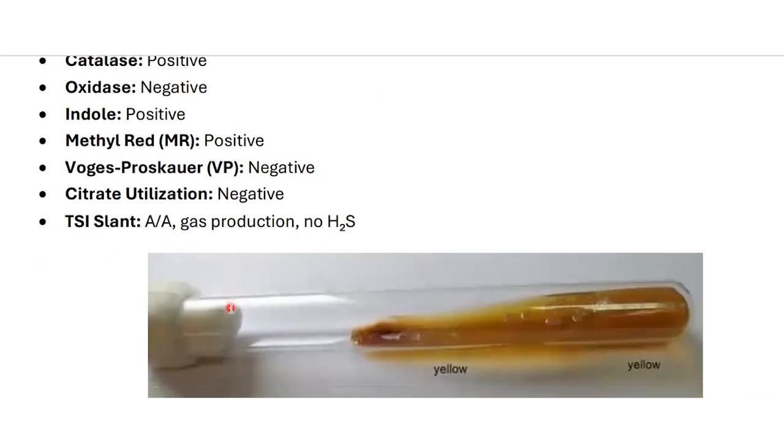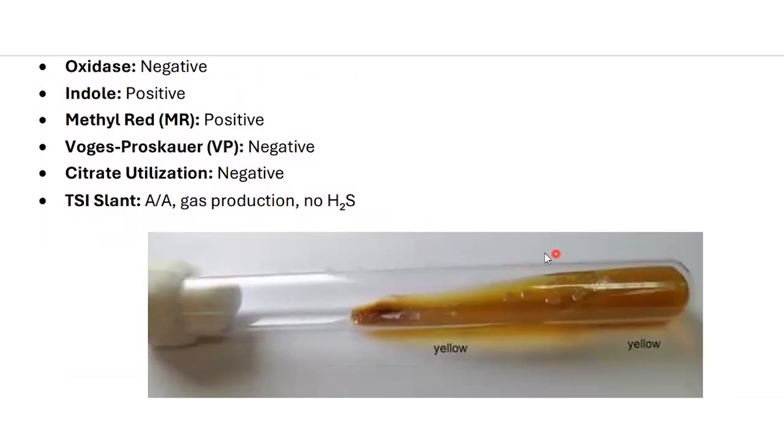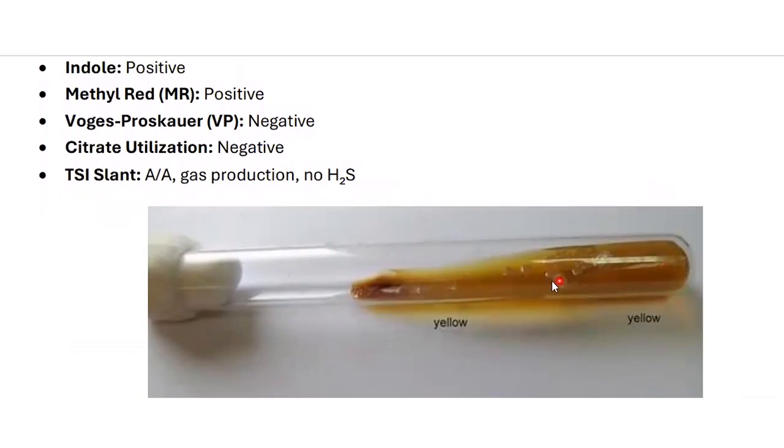TSI, triple sugar iron slant. In this test, you will see two portions. The bottom portion is the butt and the upper portion is the slant. In both cases, you will see yellow color formation. Yellow color forms due to the production of acid. So the slant and the butt both turn yellow, meaning acid production in both portions.